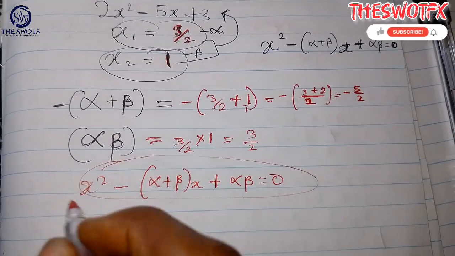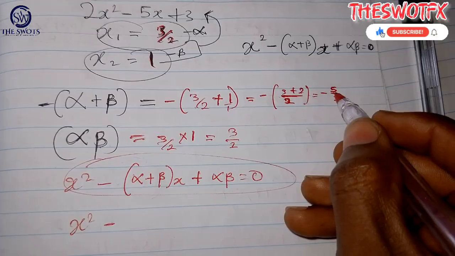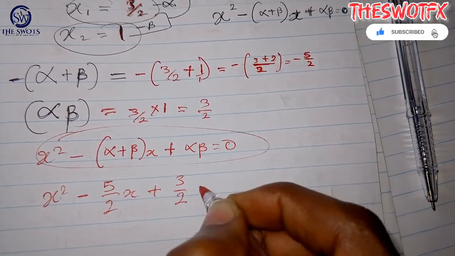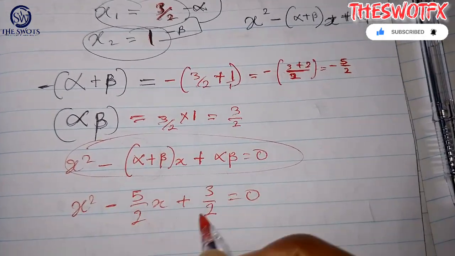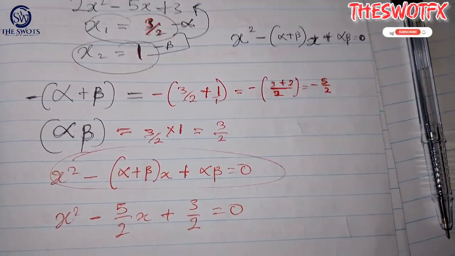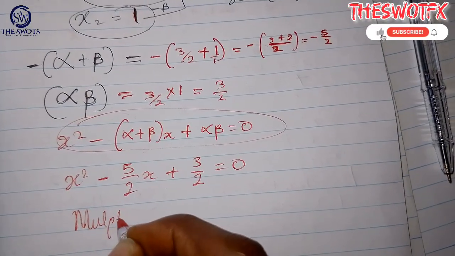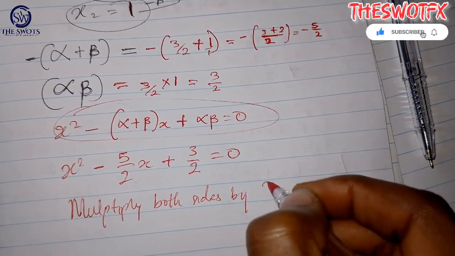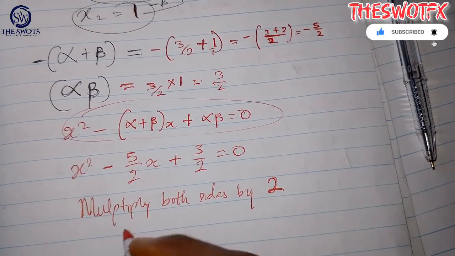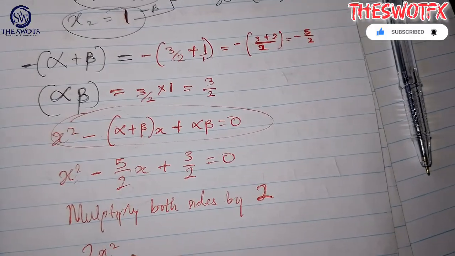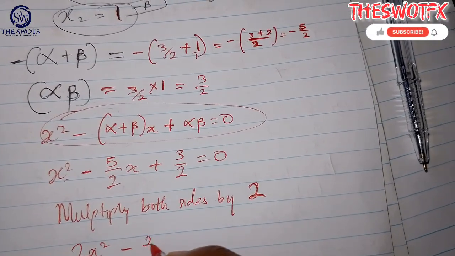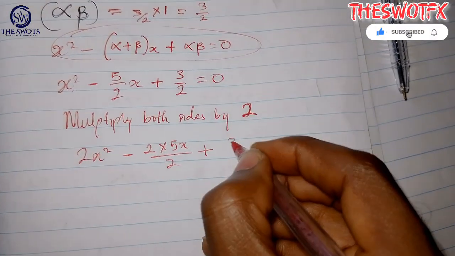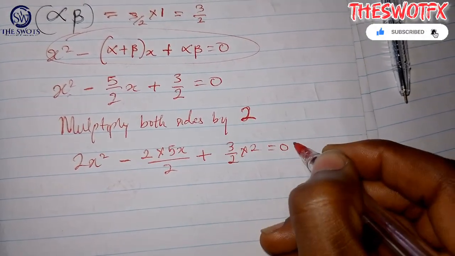So now let's represent it. x² minus, what did this one give us? 5/2 x plus 3/2 equals 0. Now when you want to do this, multiply both sides by 2, the denominator. If you multiply both sides, you're having 2x² minus 2 times 5x/2 plus 3/2 times 2 equals 0 times 2.